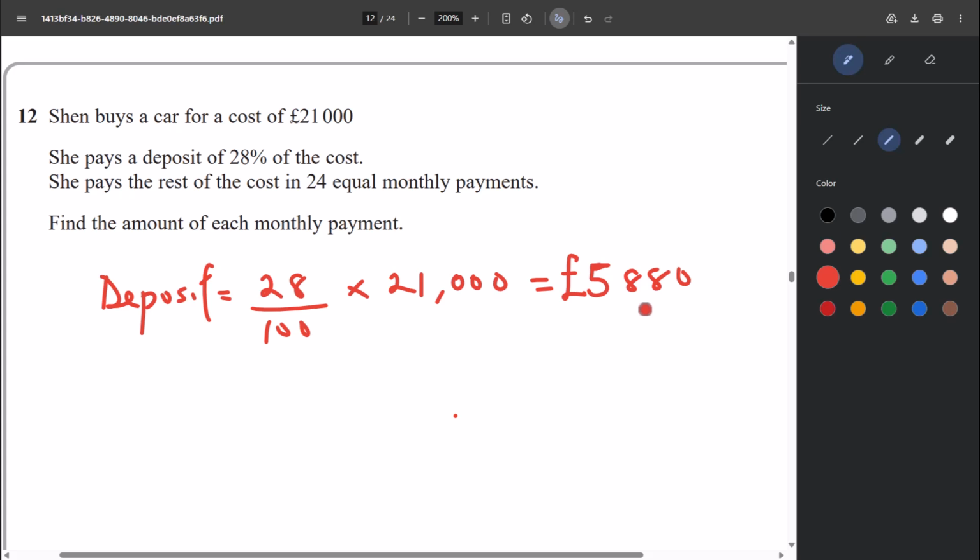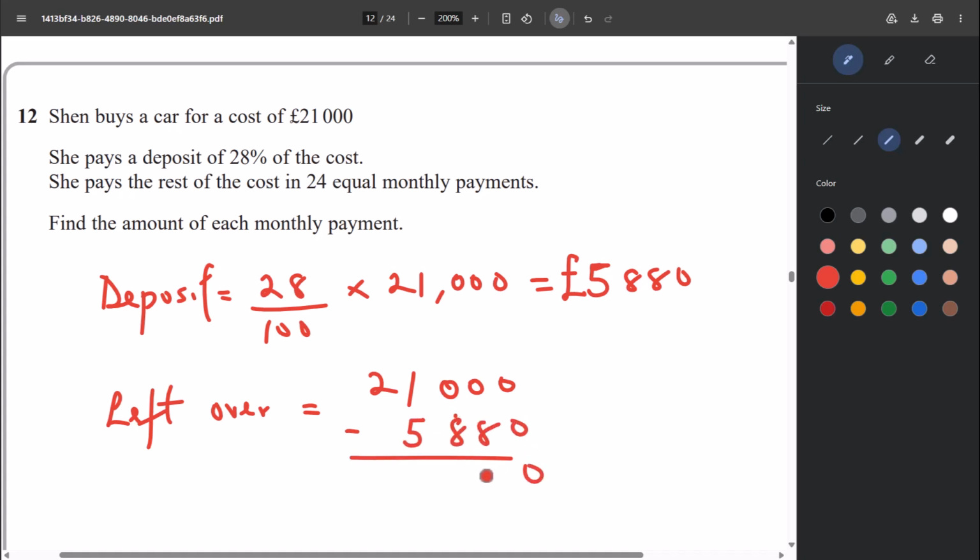And of course that means she will have a leftover of 21,000 subtract 5880. Of course, this is going to give you 15,120.